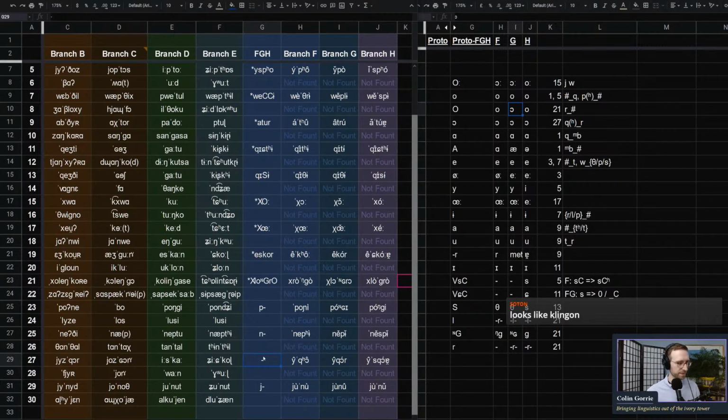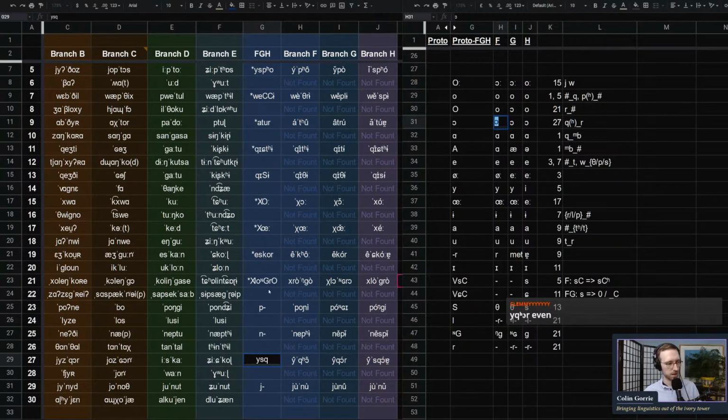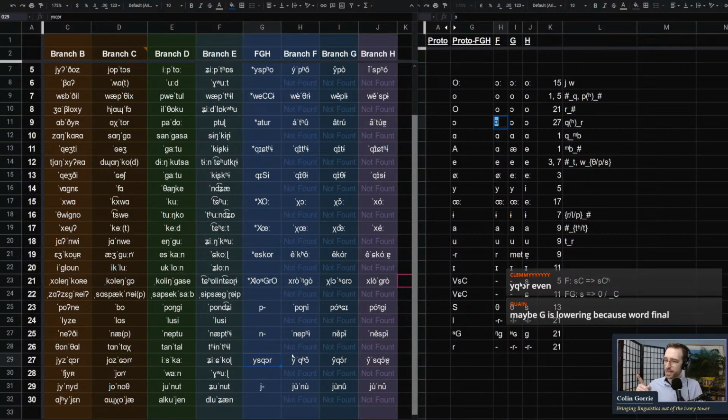So here we have something like, I think this is going to be iskor. I don't make this aspirated because we don't see aspiration in H. Only when we see aspiration in H do we need to posit it.